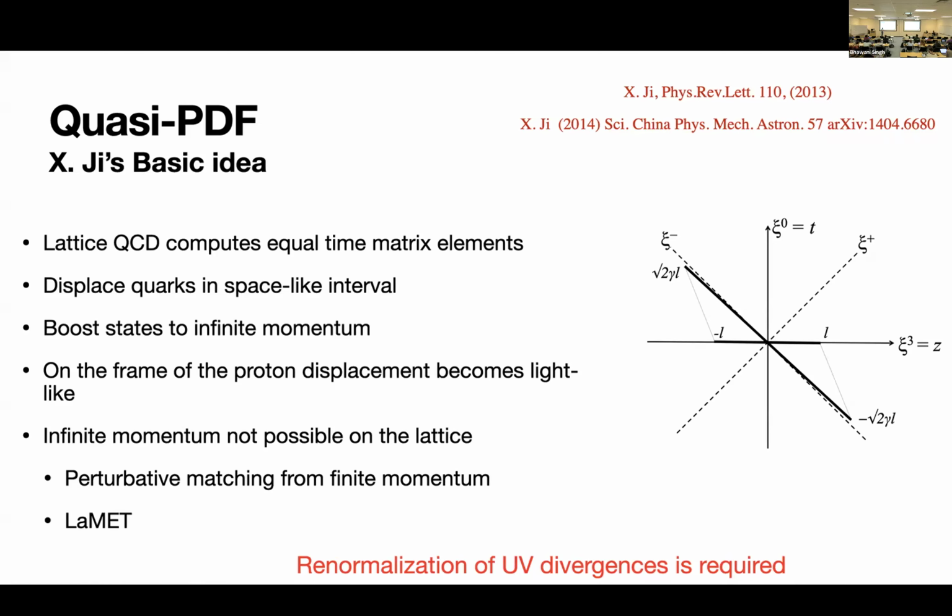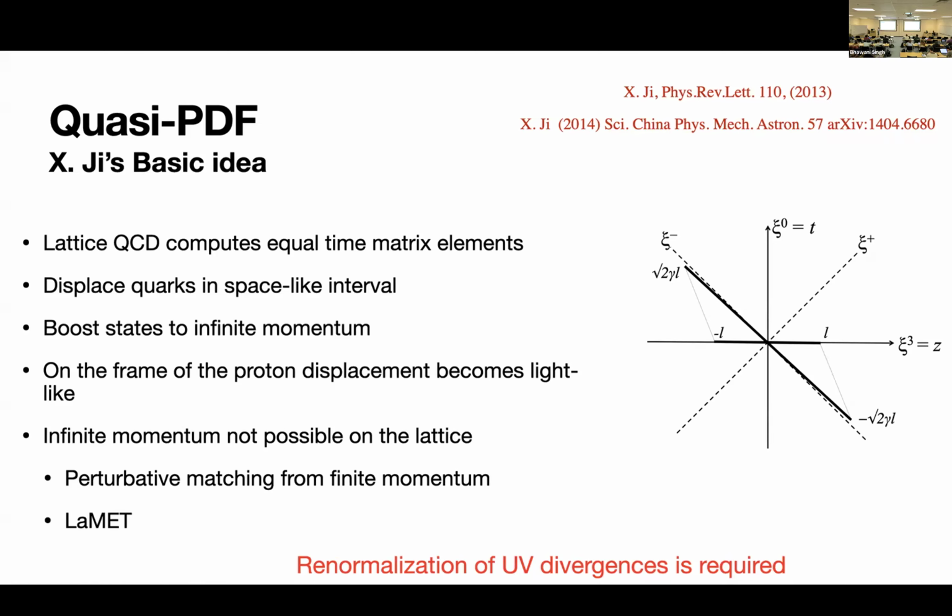So once you go to the rest frame of the proton, this space-like matrix element in the lab frame where we are doing the computation gets Lorentz transformed into a matrix element with a separation that goes along the light cone. That is the negative, the z minus direction of the light cone, that's z plus. So this is precisely the separation that you need to define the PDFs.